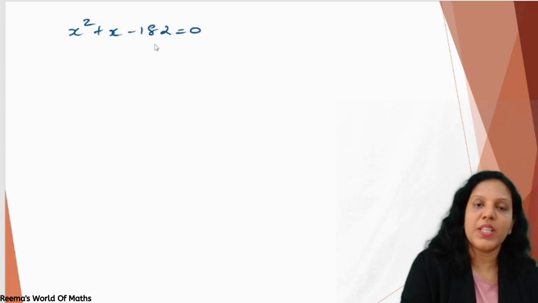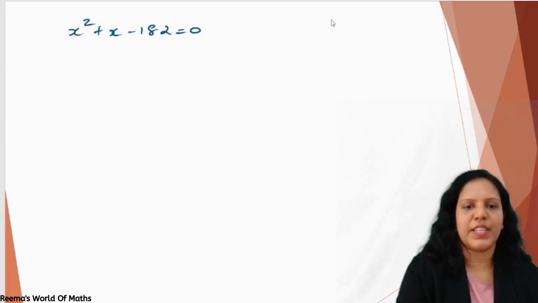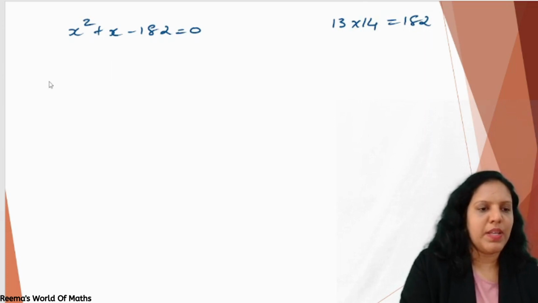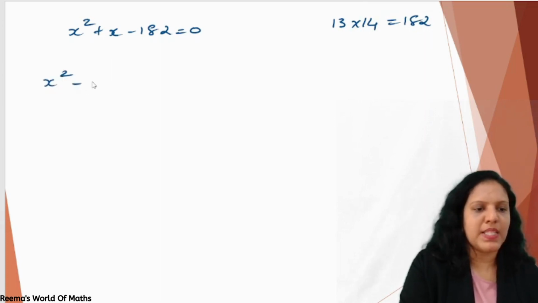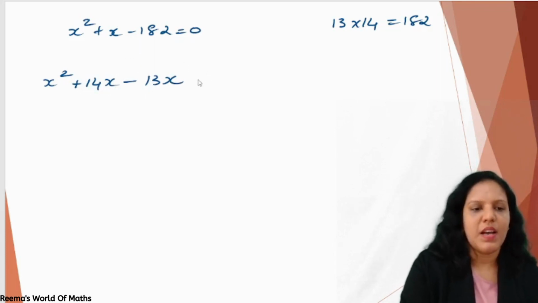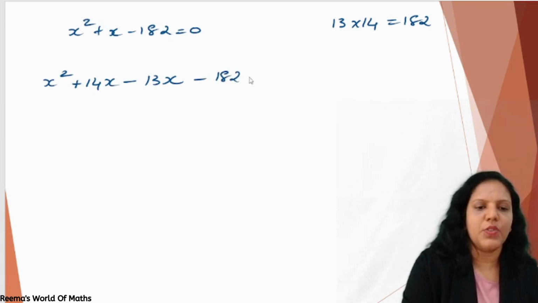So 182, in the previous question we split 182, so that we used 13 and 14. 13 multiplied by 14 is equal to 182. So that will be x squared plus 14x minus 13x. Correct? So that will give you x. Plus 14x minus 13x will give you x minus 182 equals 0.